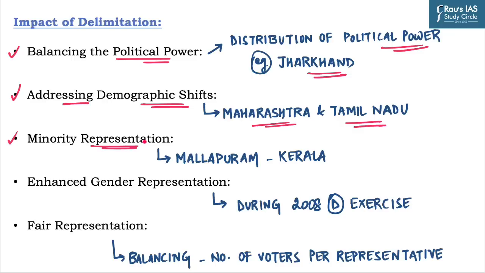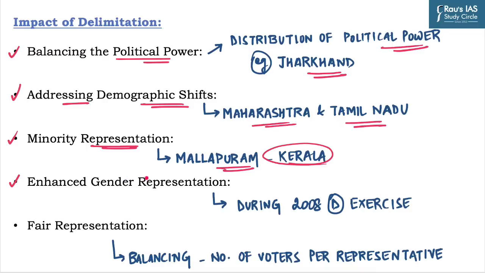The delimitation exercises have been instrumental in ensuring better representation for minority communities which are mostly underrepresented. And in the 2008 delimitation exercise, constituencies in regions with significant concentration of minorities were adjusted to ensure that their political interests were adequately represented. For example, Malappuram in Kerala.